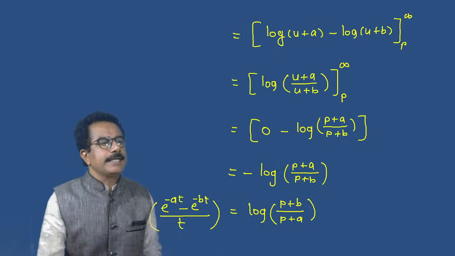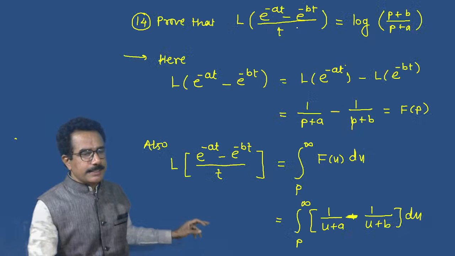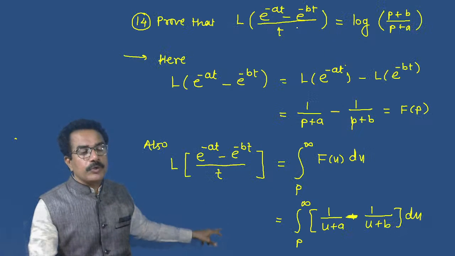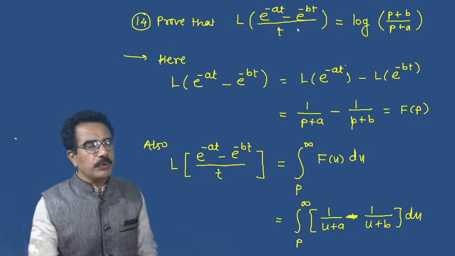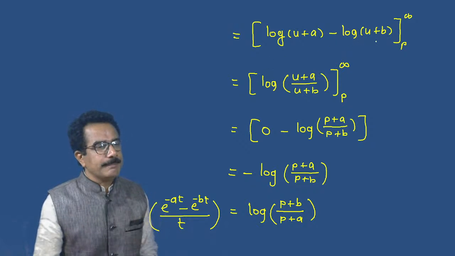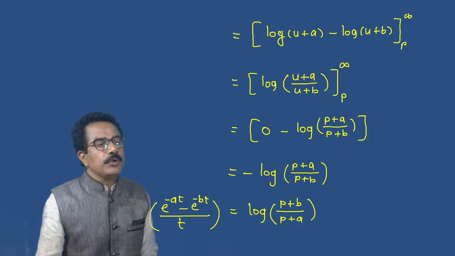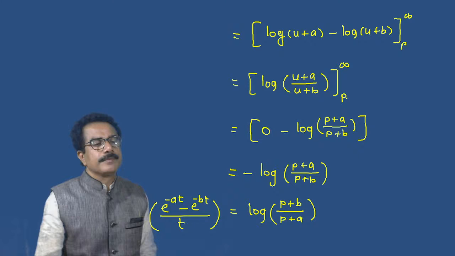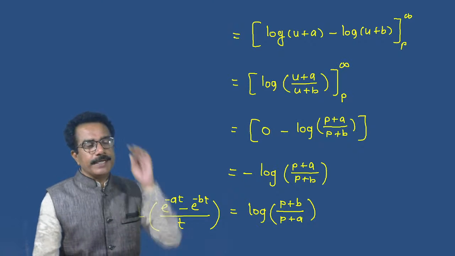So we can write again, integration of 1 upon u plus a with respect to u is log of u plus a, minus log of u plus b. So log of u plus a divided by u plus b over the limit p to infinity.